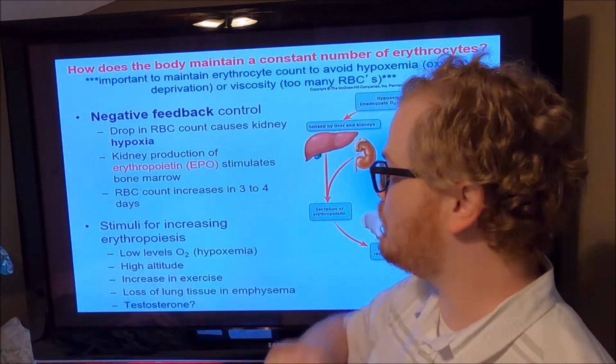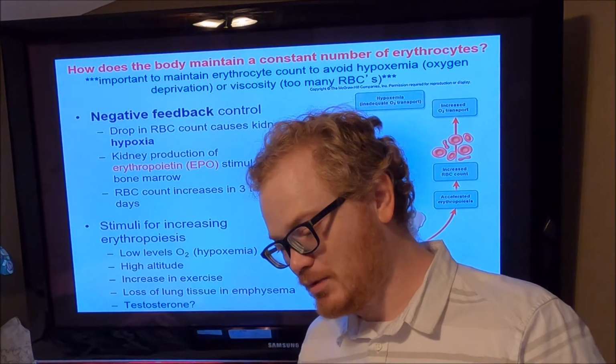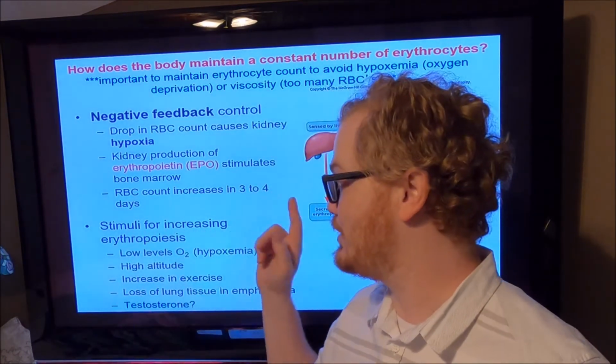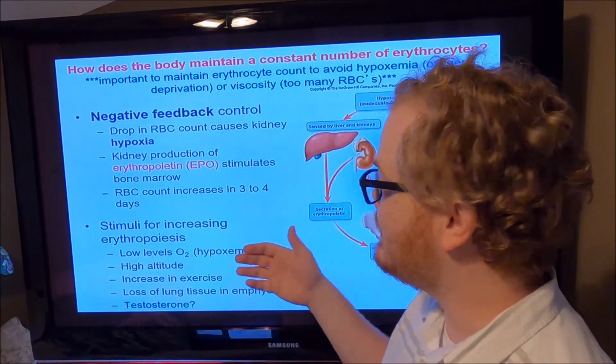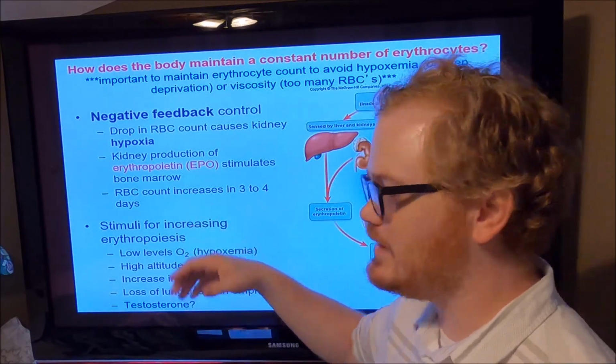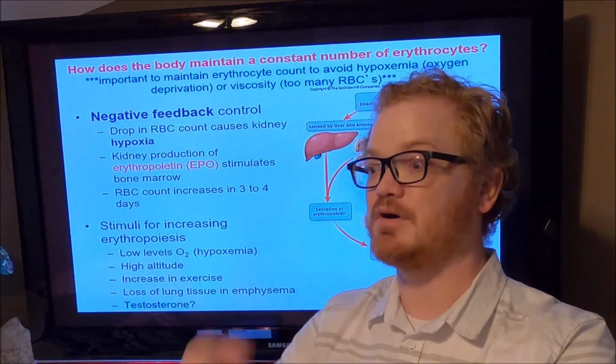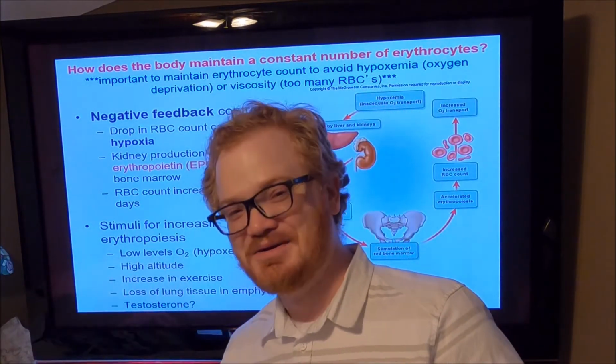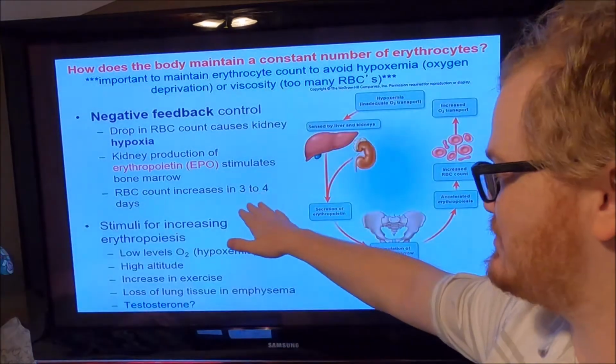So they release erythropoietin. And erythropoietin goes into the bloodstream, flows around until it finds your bone marrow, and stimulates your bone marrow to produce red blood cells. And it won't take long either. It'll just take a few days for the erythropoietin to really start cranking on those progenitor cells and get them to be producing red blood cells. So it's a pretty quick process, just a few days.